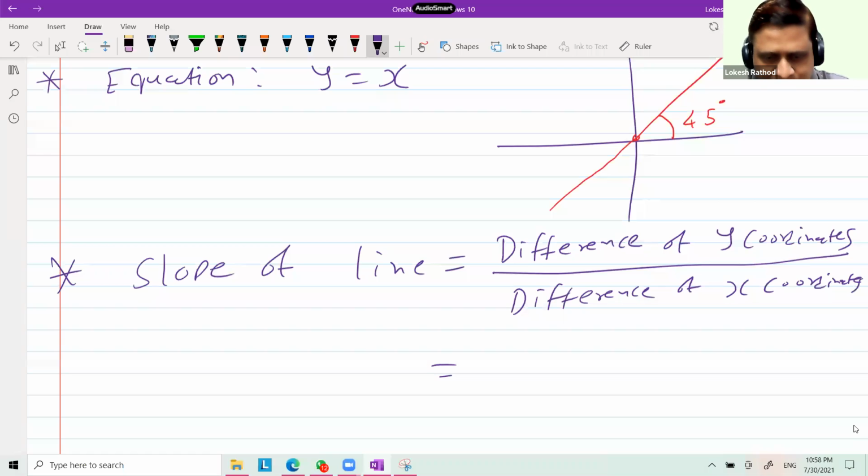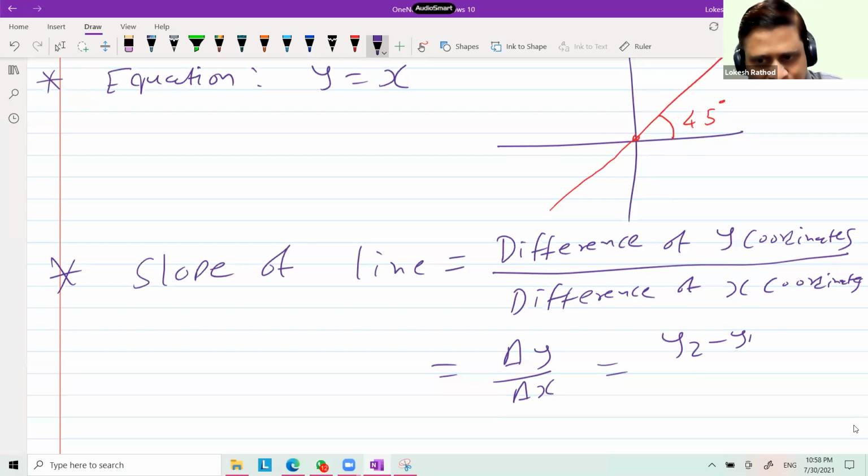Or you can say delta y over delta x, or sometimes people write y2 minus y1 over x2 minus x1. All these things are the same, right?